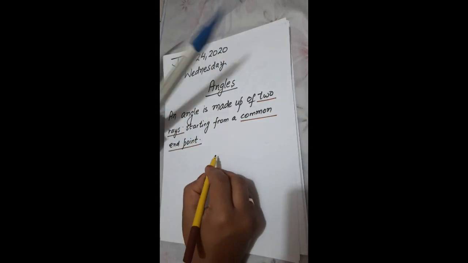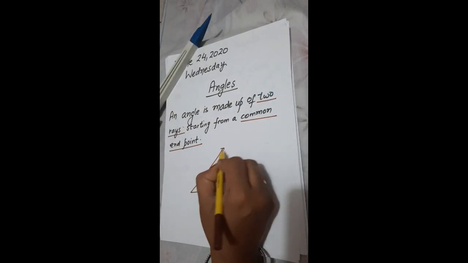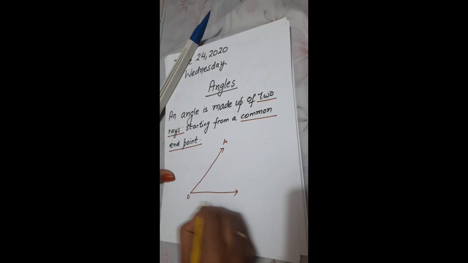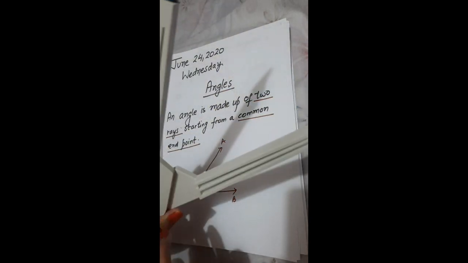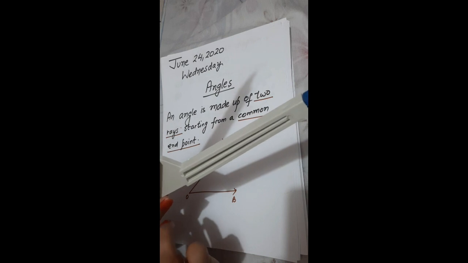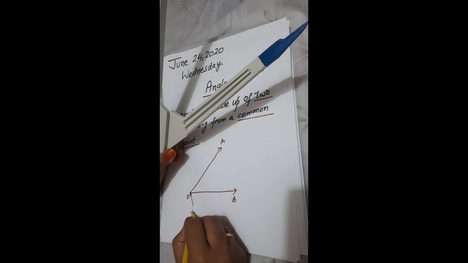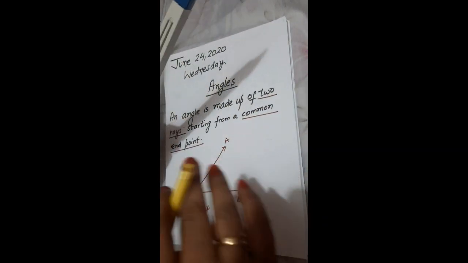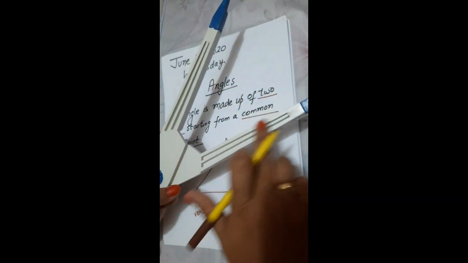So I will draw like this: A, O, B. Here this O indicates the common end point, the initial point, so this is called the vertex. This is the vertex and this is the first arm and this is the second arm.